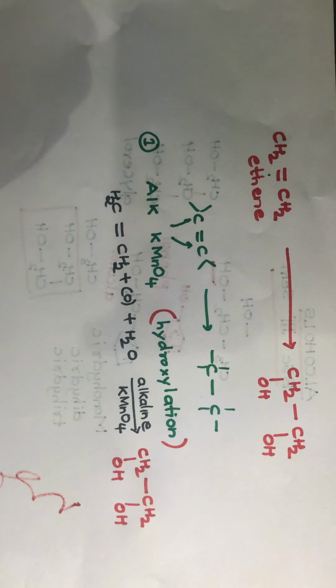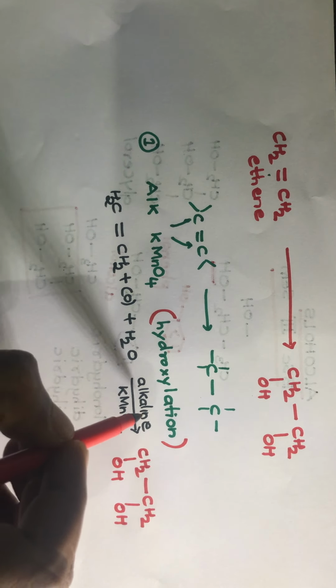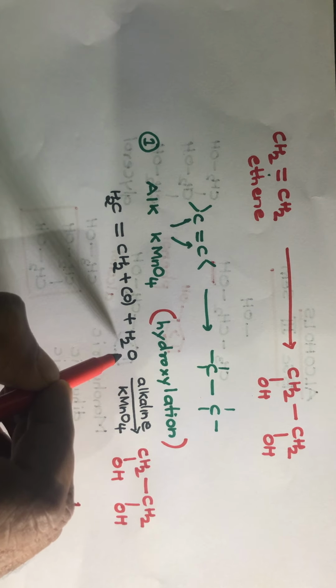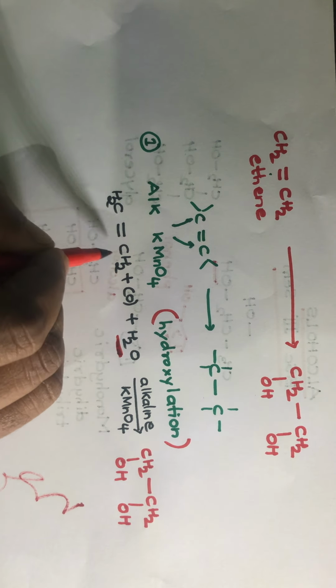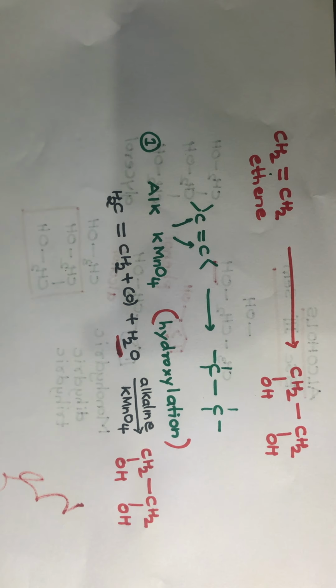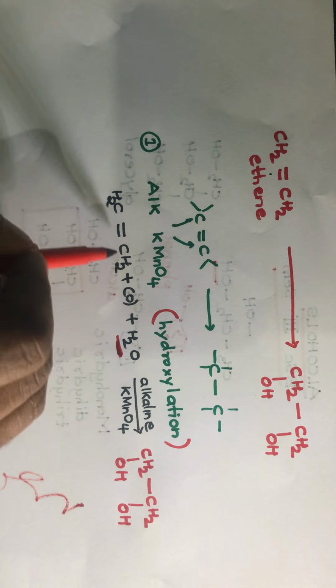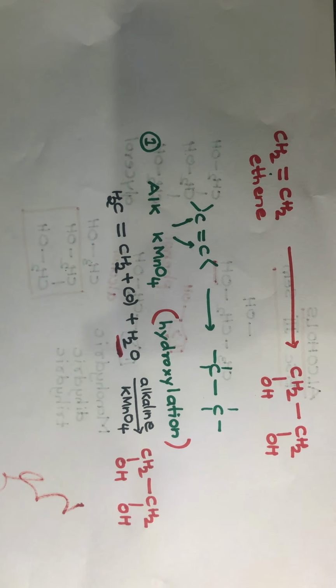Whenever ethene is treated with a dilute solution of alkaline KMnO4, addition of OH groups across the carbon-carbon double bond takes place. So this is also referred to as hydroxylation reaction.